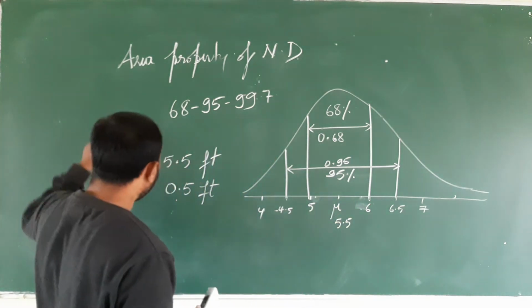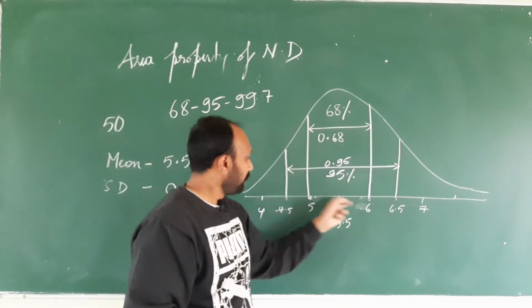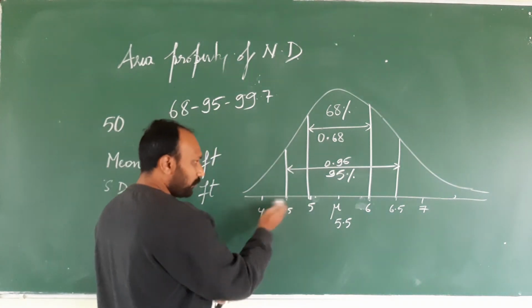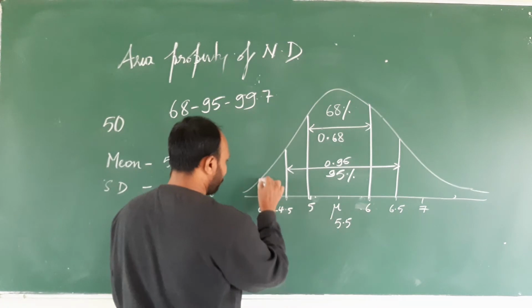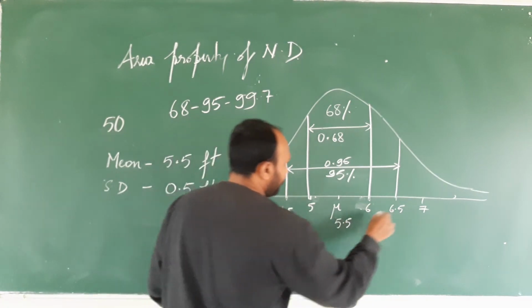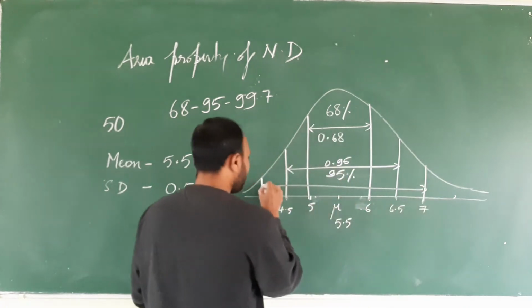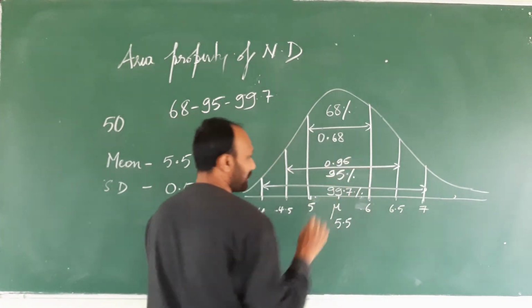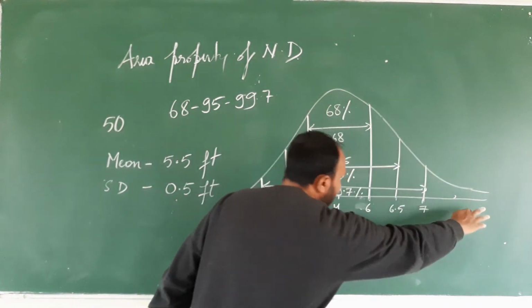Nothing but out of the 50 students' heights, 95% of them will come in this particular area. Similarly, if you go again 0.5 standard deviation on both sides of the axis, then this area is 99.7%.